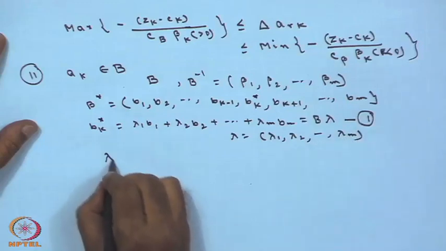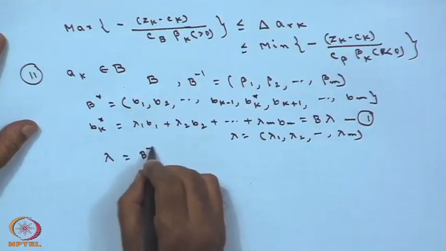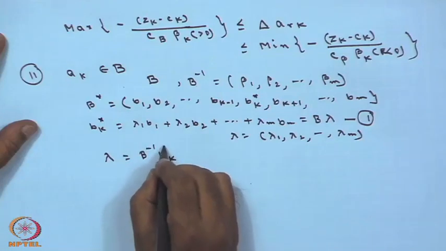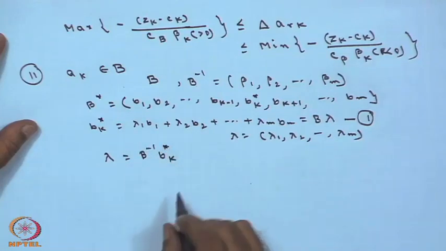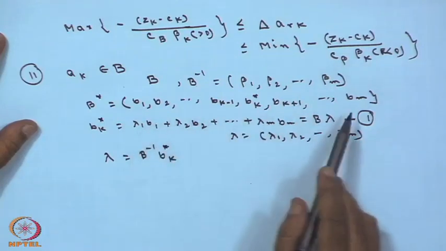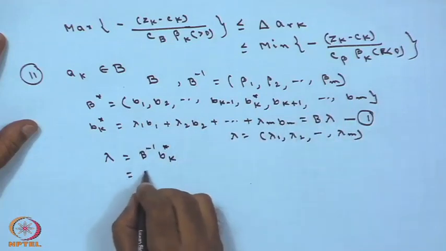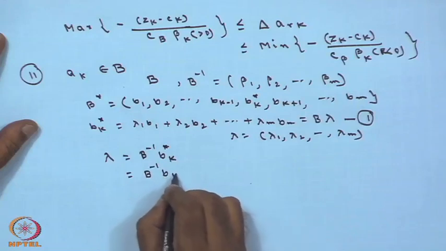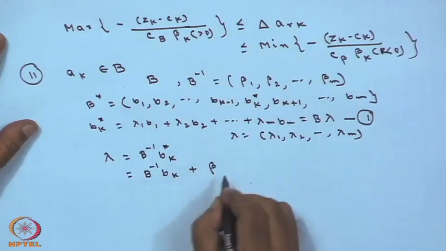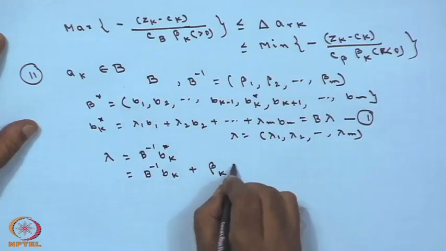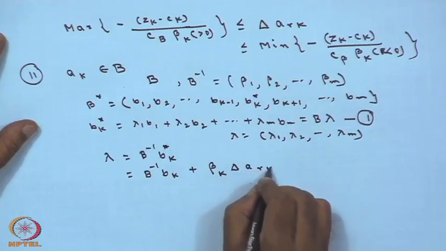Now, what is your lambda? Your lambda is B inverse into B k star. So, this again, B inverse into this vector, I can write in this form, that is B inverse, one part will be B inverse B k plus beta k into delta A r k.